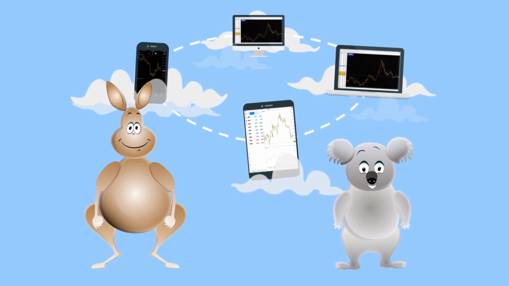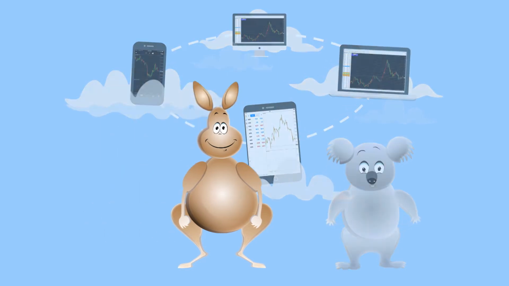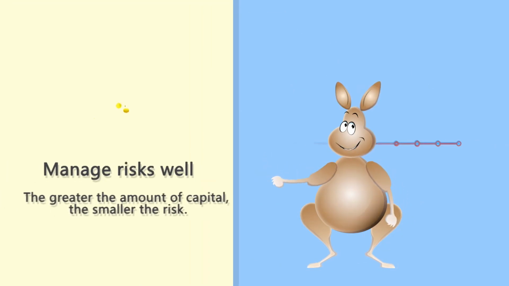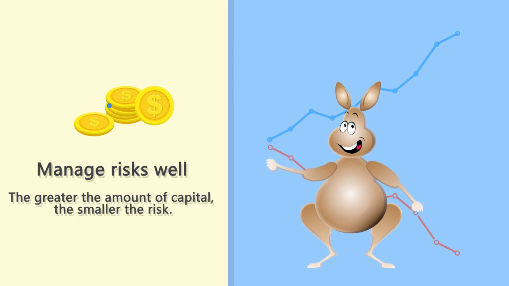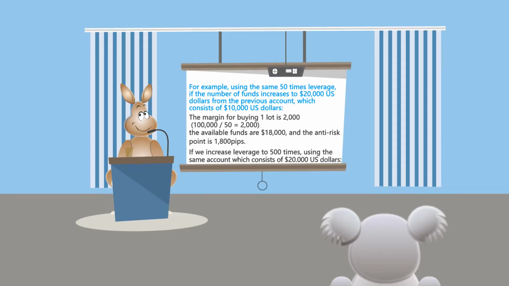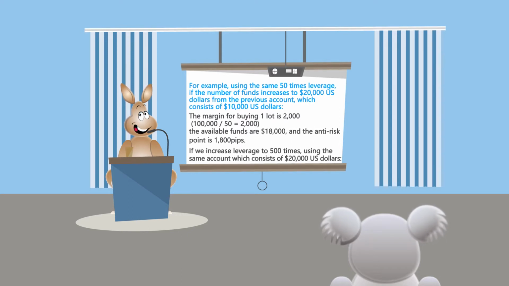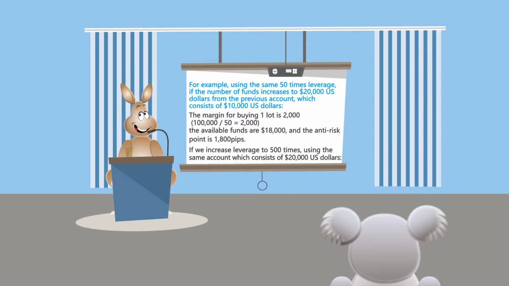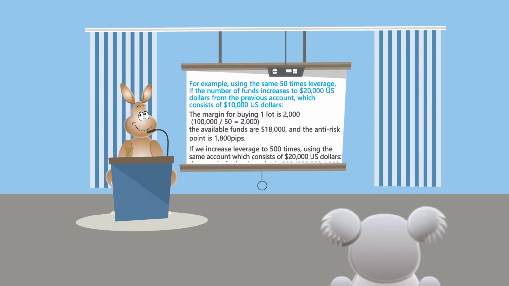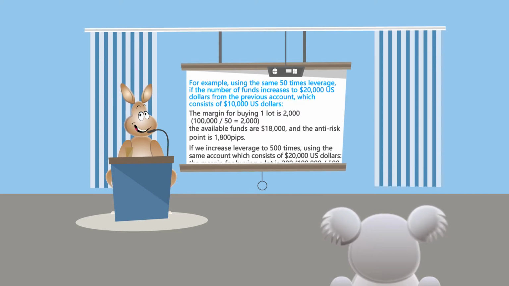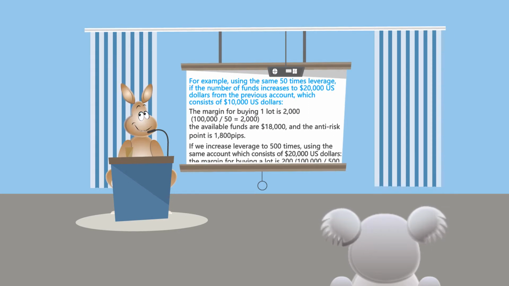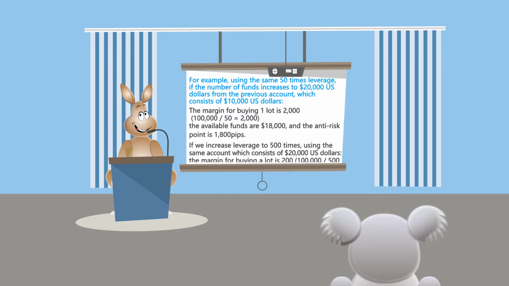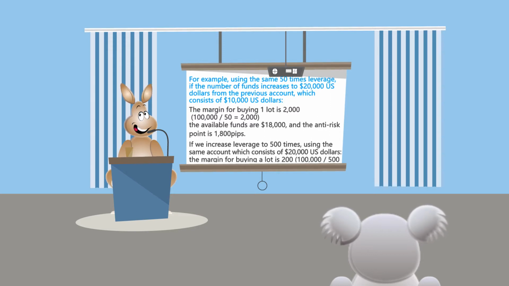Does more leverage bring this higher risk? Investors need to manage their risk well. Theoretically, the greater the amount of capital, the smaller the risk. For example, using the same 50 times leverage, if the number of funds increases to $20,000 from the previous account, which consists of $10,000, the margin for buying one lot is $2,000. $100,000 by 50 equals 2,000.